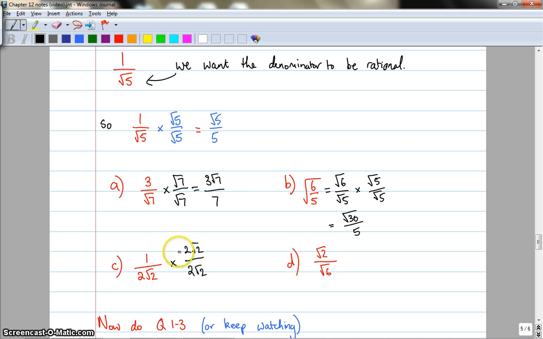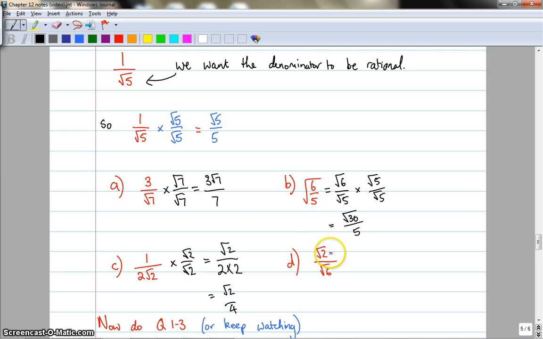So just to make things a little bit simpler, I'm going to multiply by the root 2, not the 2 root 2, but just the root 2 itself. So the bottom will become 2 multiplied by root 2 times root 2, which is just 2 over root 2. So the answer becomes root 2 on 4.